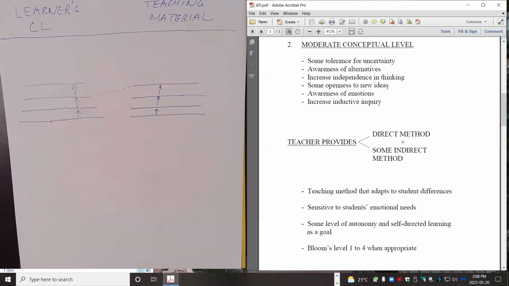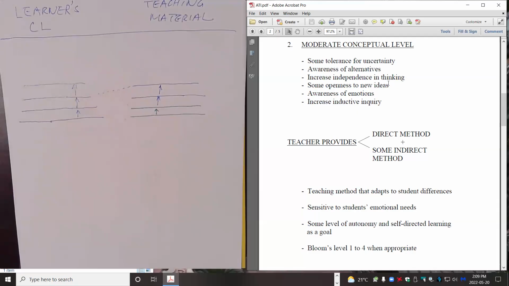Okay, some openness to new ideas. Okay, this is a better idea. Things like this. Awareness of emotion, beginning to be aware that, oh, I'm now angry.